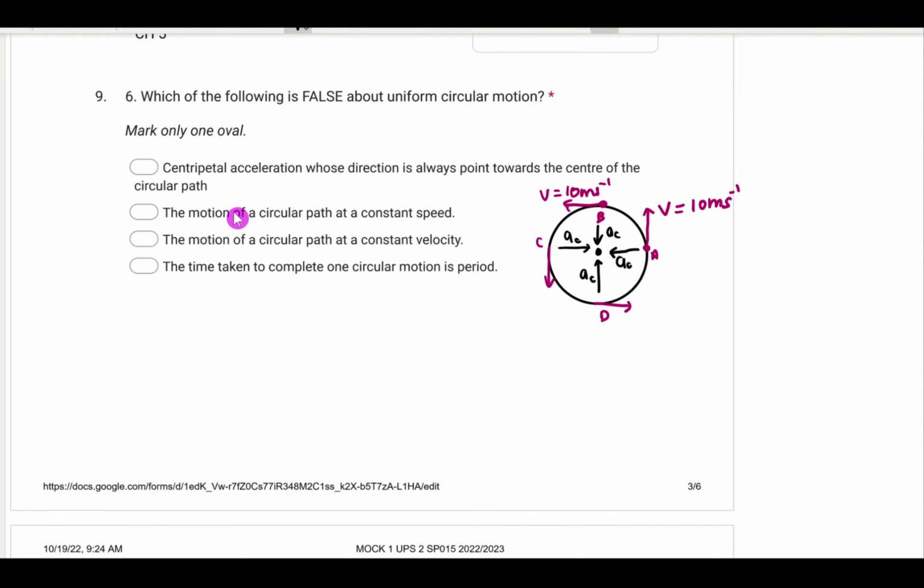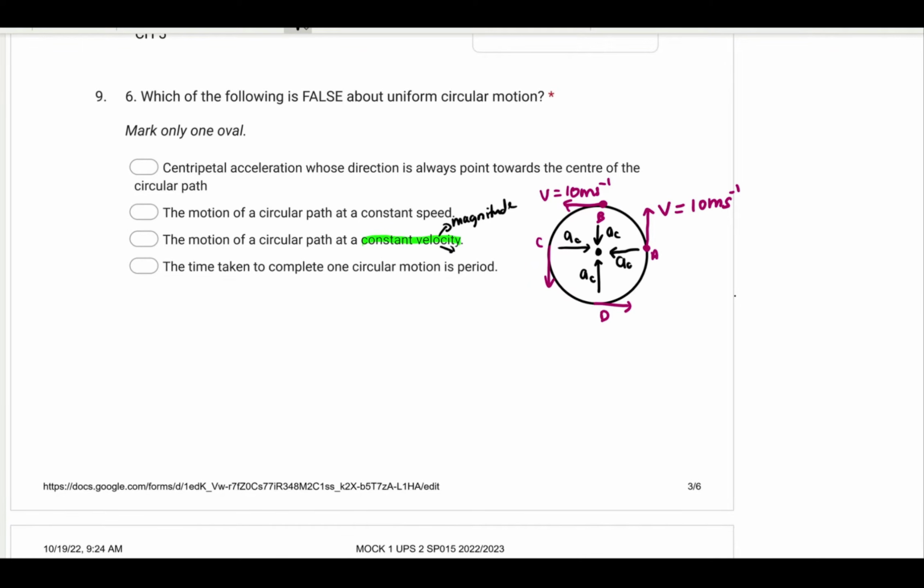So, betul. The motion of circular path at constant speed. Betul, the speed is constant. Speed tu kita tengok pada magnitude of V. V dia sama kan? 10, tidak berubah. The motion of a circular path at constant velocity. So, salah. Kalau constant velocity, maknanya magnitude dia kena sama. Kalau 10 tadi, 10 je lah. Magnitude dia mesti 10 meter per second.